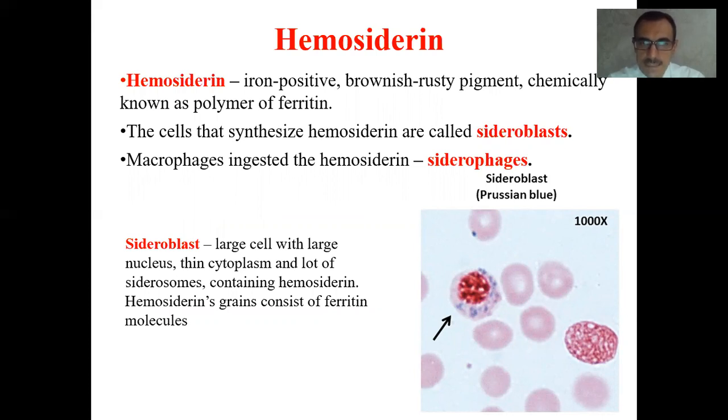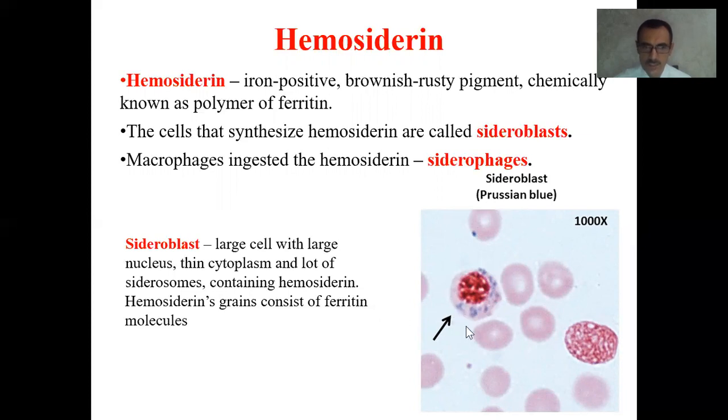The cells that synthesize hemosiderin we call sideroblasts, but macrophages that ingest the hemosiderin are siderophages. We use Prussian blue staining for the detection of the sideroblasts. They are large cells with a large nucleus, thin cytoplasm, and a lot of siderosomes that contain the hemosiderin.